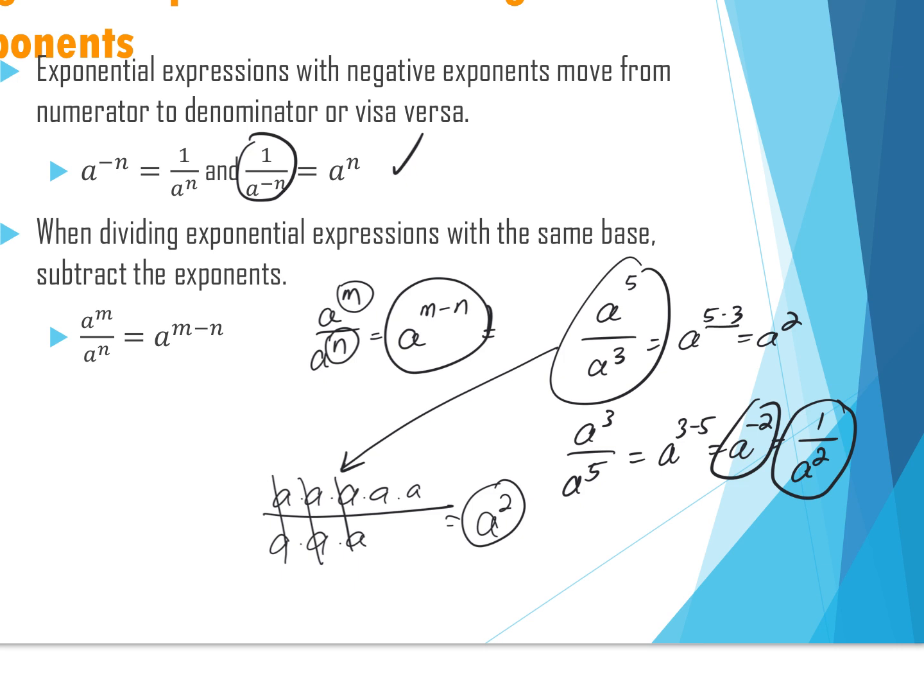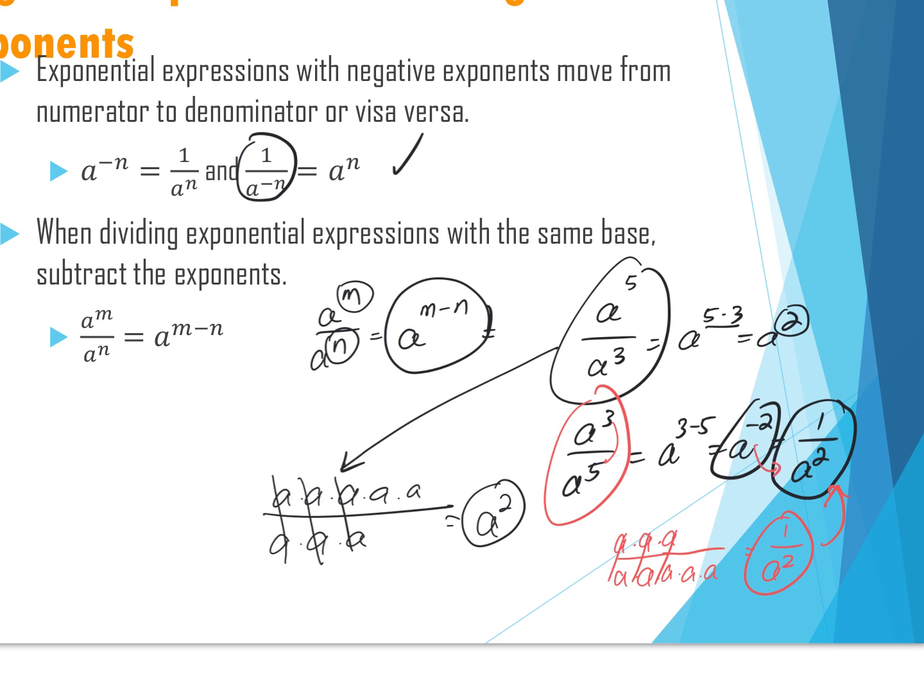That's 5 minus 3 is 2, so a squared. If I have it this way, I've got 3 a's up top and 5 a's at the bottom, and when I cancel the common a's, I'm left with 2 a's at the bottom, or 1 over a squared, which again, if I do 3 minus 5, I get negative 2, and it transfers down.